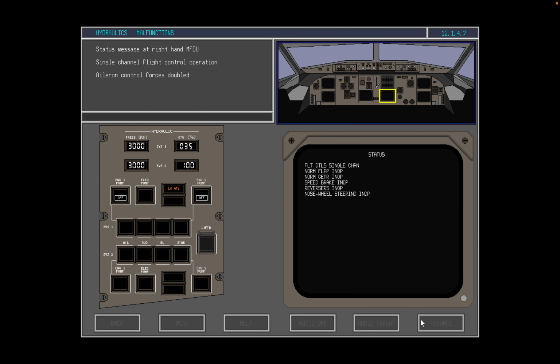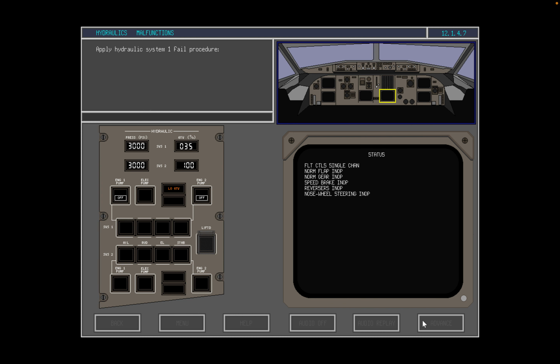With Hydraulic System 1 inoperative, the right MFDU status page displays the affected systems. The flight controls operate on single channel with aileron forces doubled. Normal flaps, normal gear, speed brake, reversers, and nose wheel steering are all inoperative.